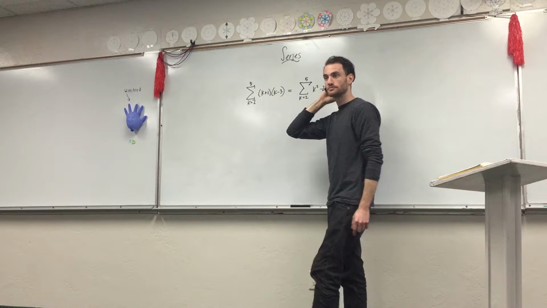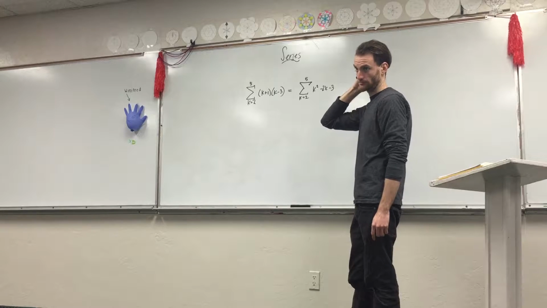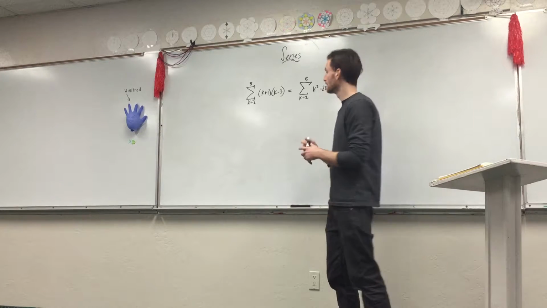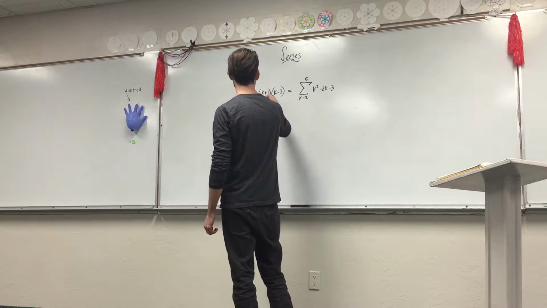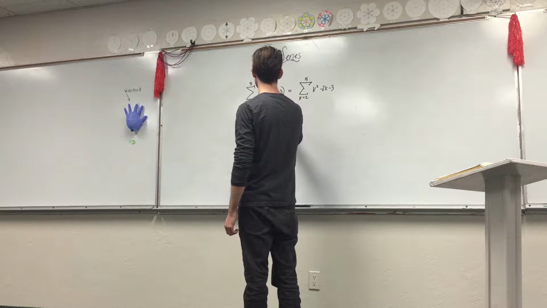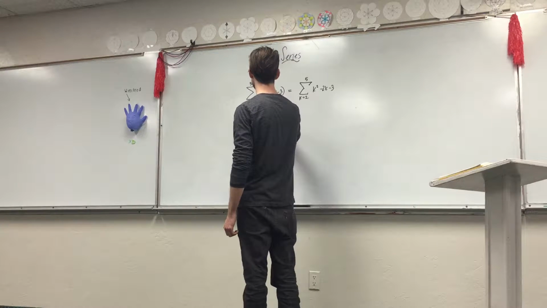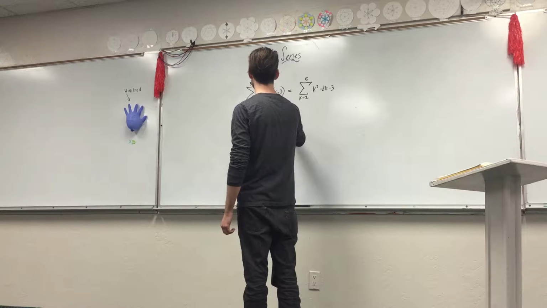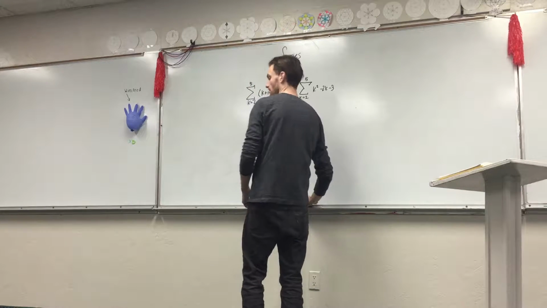So we plug in 2 for both k's there. And then we do that again. For instance, it would be 2 plus 1 is 3, 2 minus 3 is negative 1, so it would be negative 3, and then I'd add the next one.